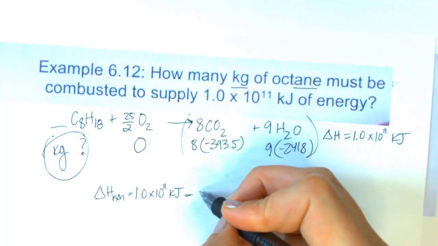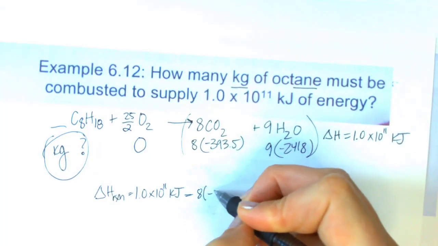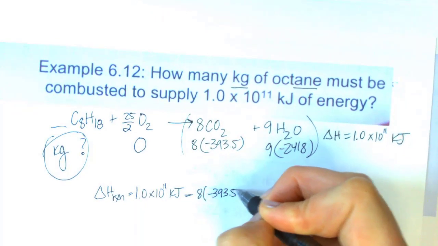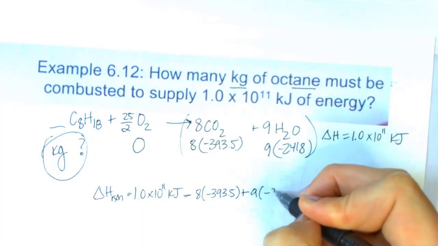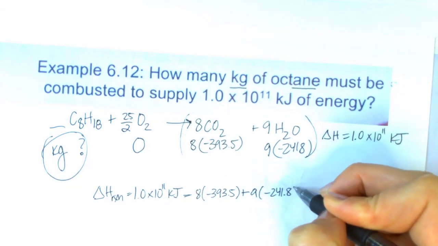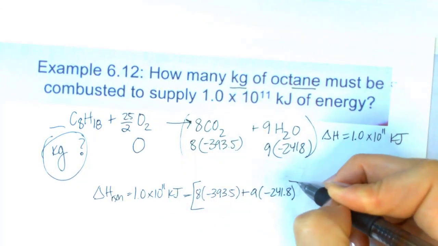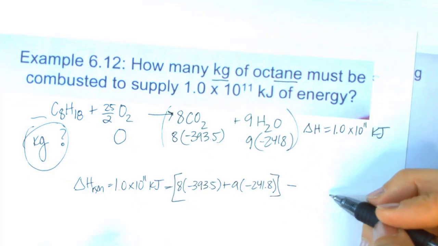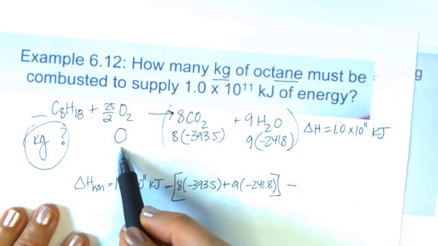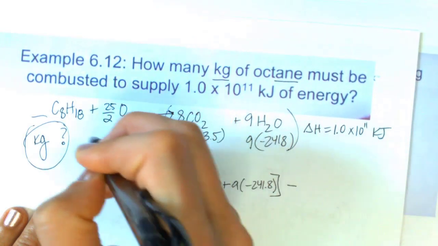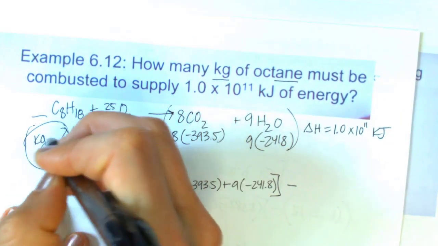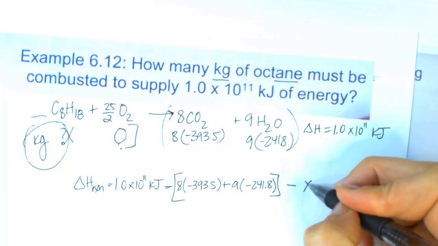We're going to do 8 times negative 393.5 plus 9 times negative 241.8, and subtracting our reactants, because this is 0, 0 plus, we'll call this x, we can say just minus x.